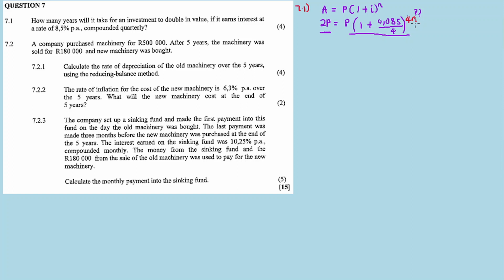So our aim is to calculate the value of n, right? But I'm going to divide by P. Ngifuna ukwenza n the subject of the formula, so I have to isolate n. So I do that by dividing by P. So lana kuyosala u-2. So therefore 2 is equal to 1 plus 0.085 divided by 4 raised to exponent 4n.